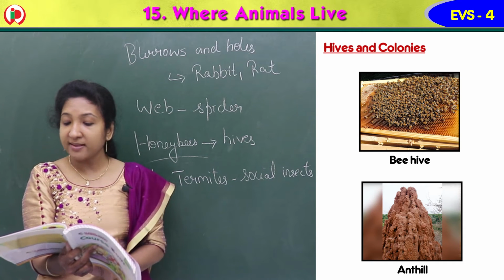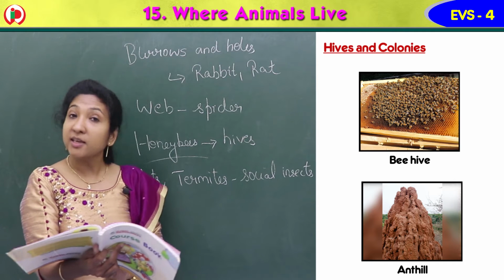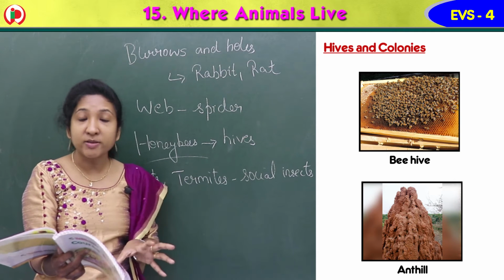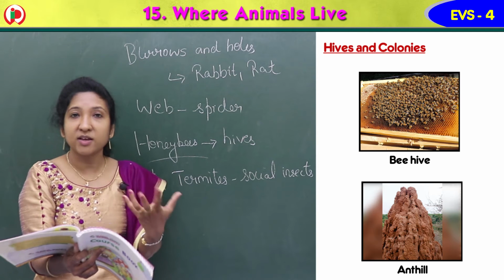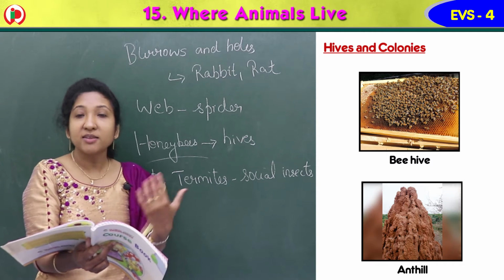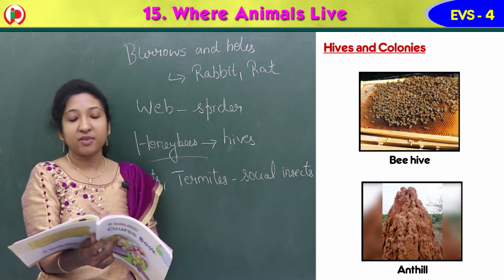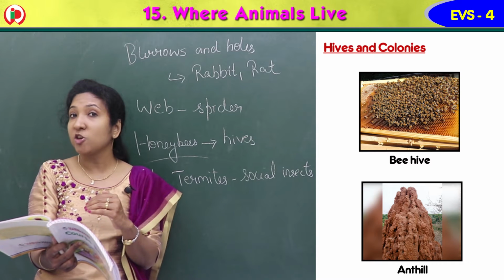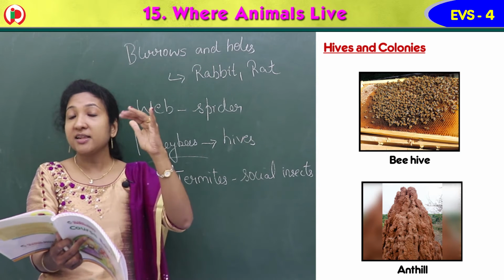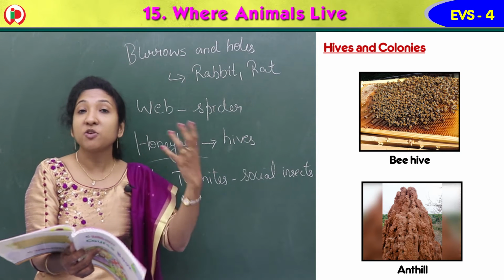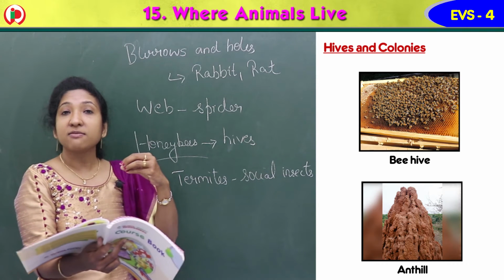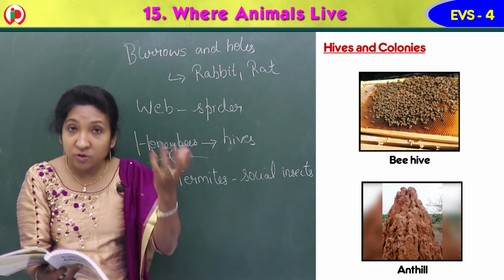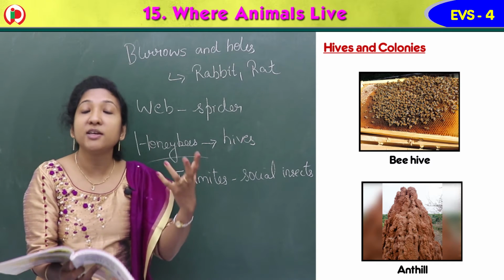The worker ants build and repair the ant hills. They live in groups. Among these groups of ants, there are worker ants, those who work, and they repair these ant hills. See how nicely they are doing all this job. They build ant hills using hard mud. Different rooms are there in the ant hills for keeping the babies, as well as to store the food.